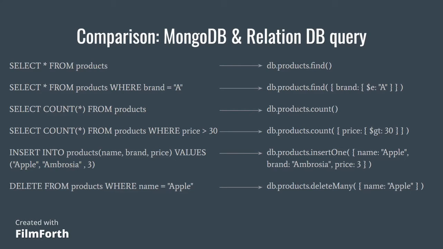For insert into products, MongoDB has insertOne or insertMany. Finally, the delete query for the traditional relational database is delete from the table, but for MongoDB we have deleteOne or deleteMany, and the exact query is db.products.deleteMany where the name equals Apple.